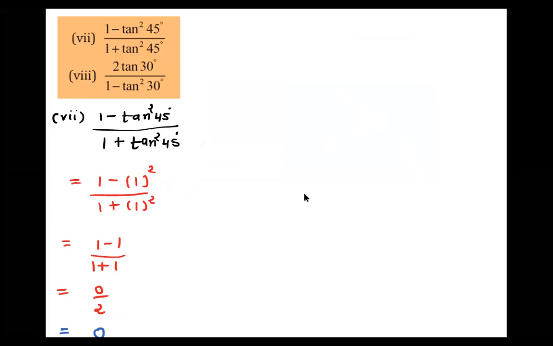The second question, number 7 on your screen: we have to find the value of and expand it. Look at the number 7 question.